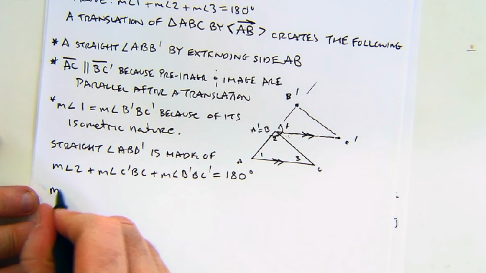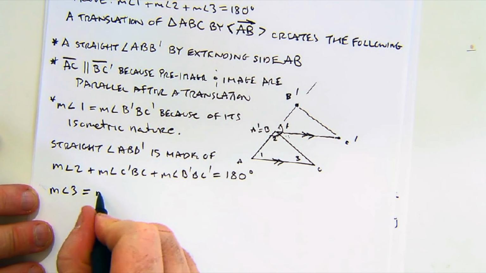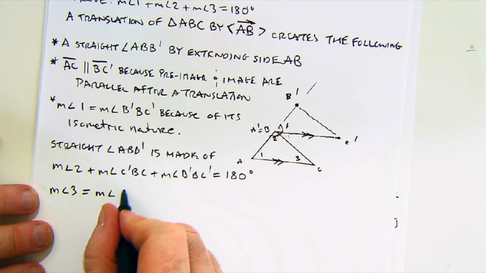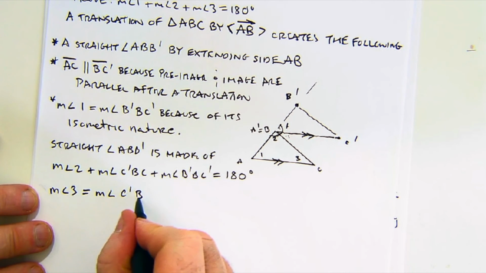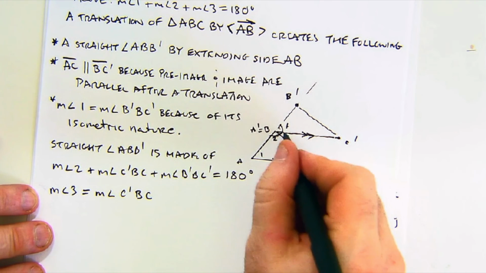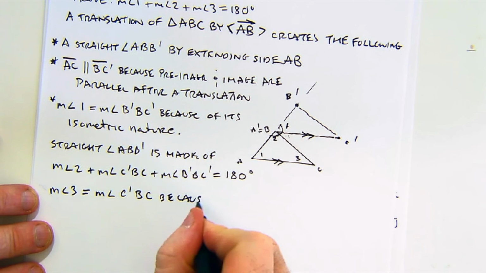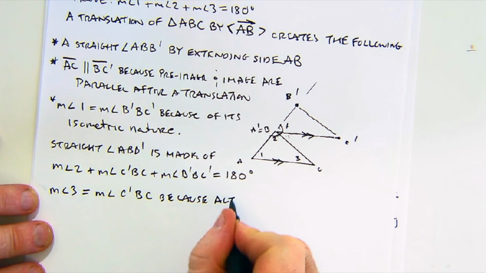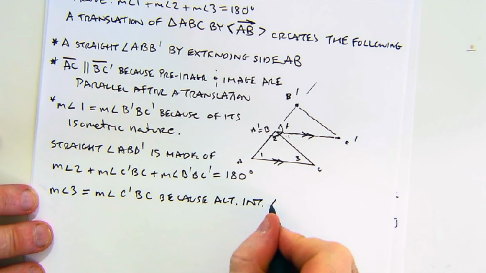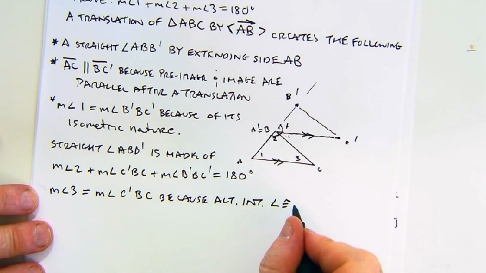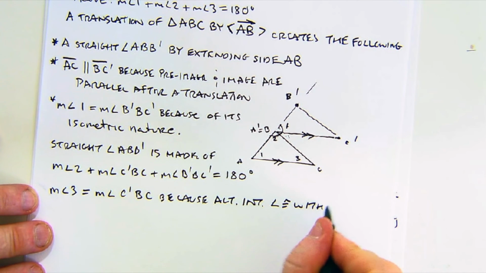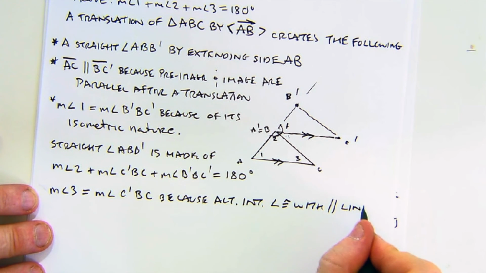The measure of angle 3 is equal to the measure of angle C prime BC, this angle. These are equal because alternate interior angles are congruent with parallel lines.